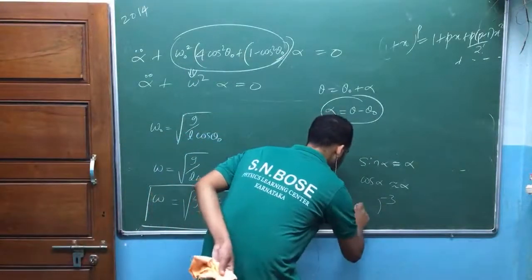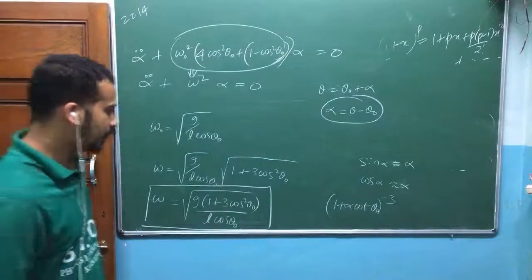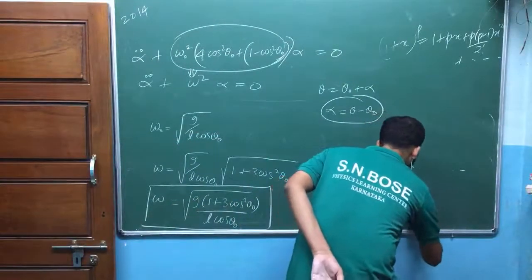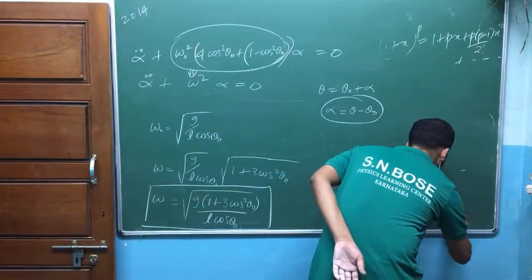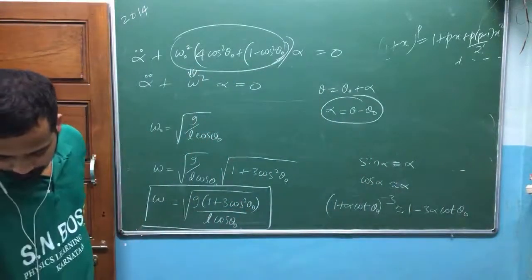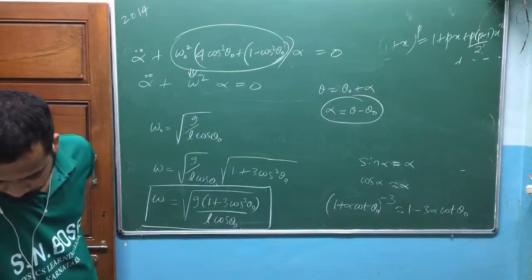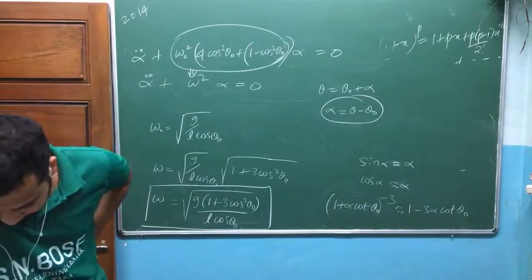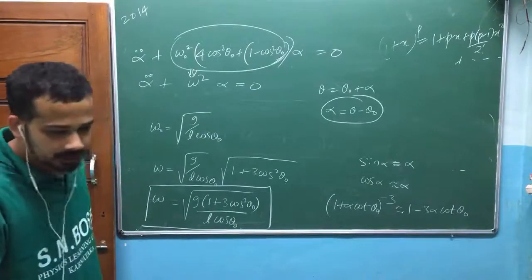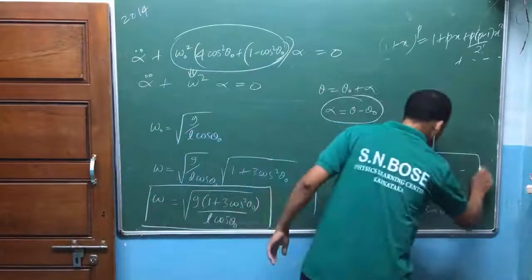This term, we have written only the first two terms in its binomial expansion, 1 minus 3 alpha cot theta naught, am I right? These three are the basic assumptions that we have made.